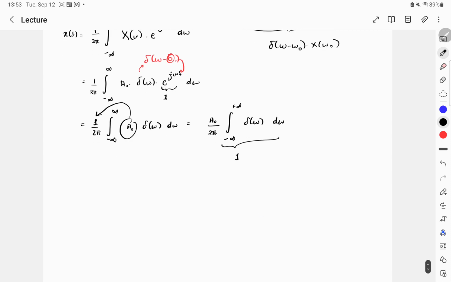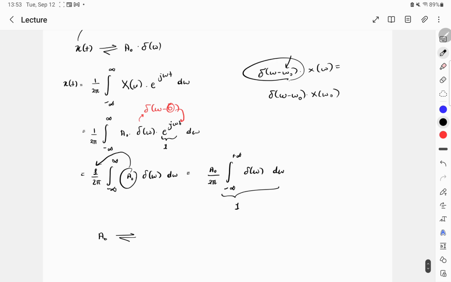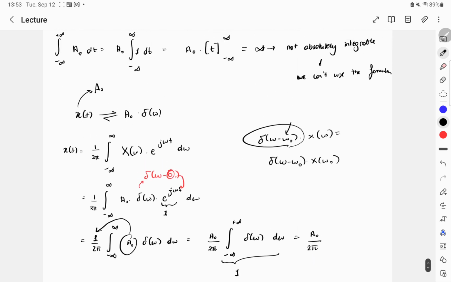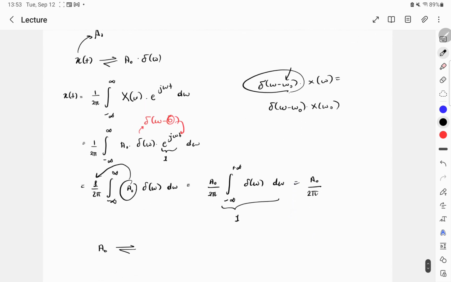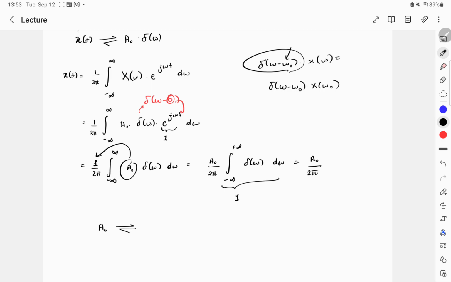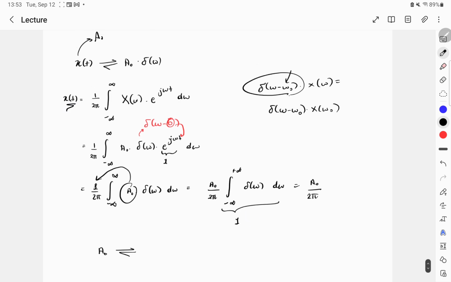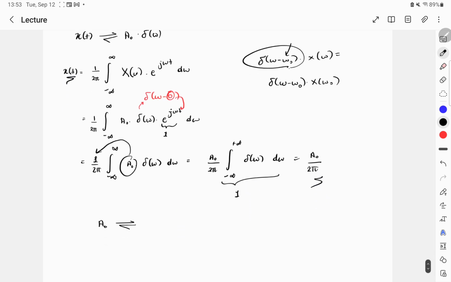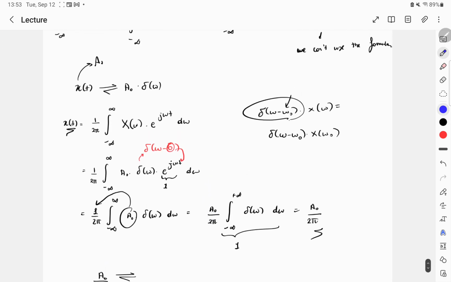That's why we can say that the signal, which is like this, has the Fourier transform of this one.